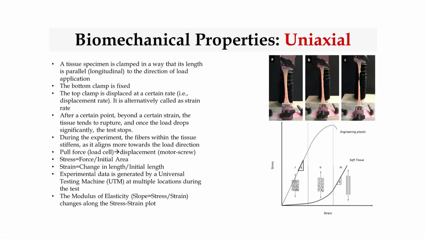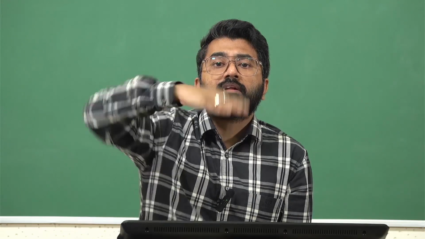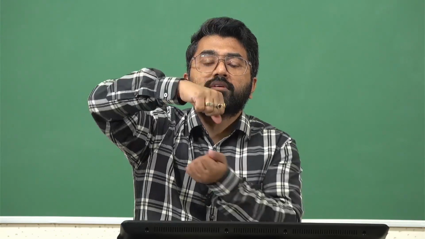If we are pulling a specimen, it should be clamped so that the rectangle is not across but along the direction it is being pulled. So it's along the length, right? That is what is known as longitudinal.